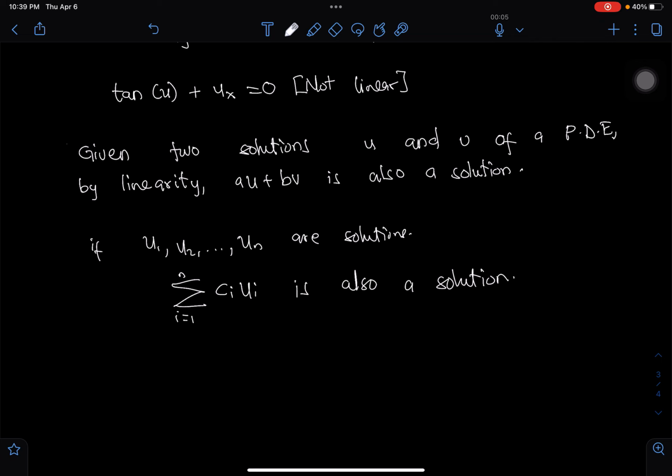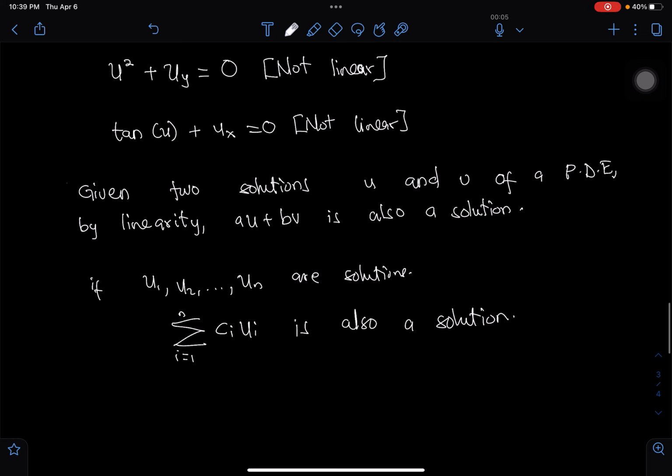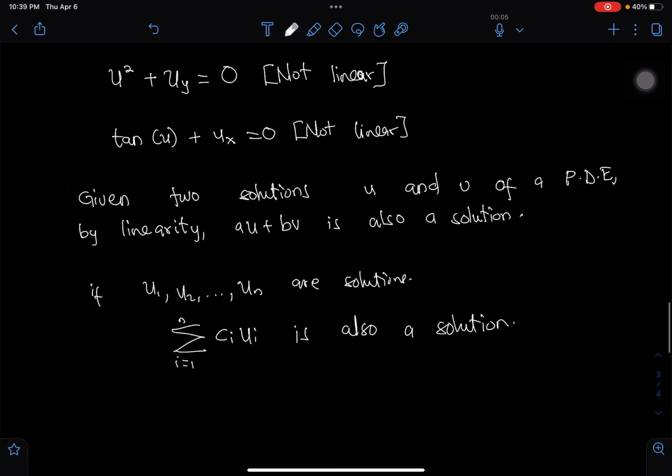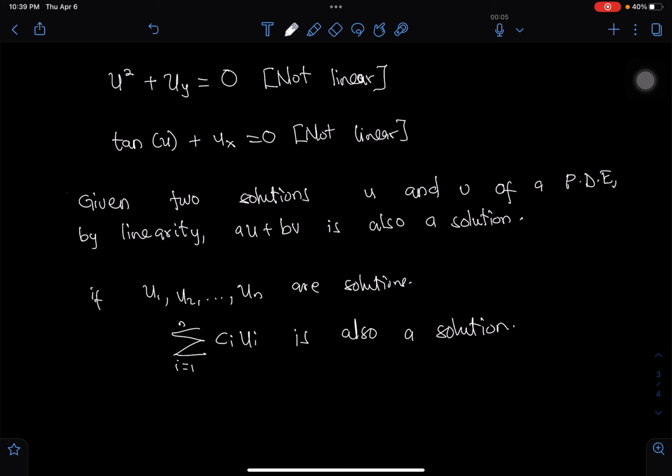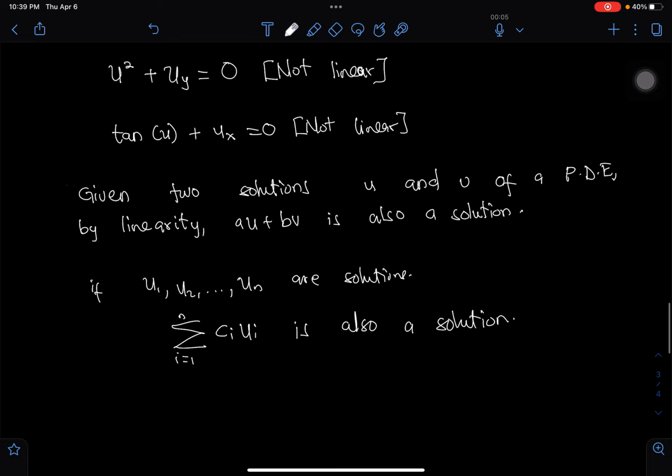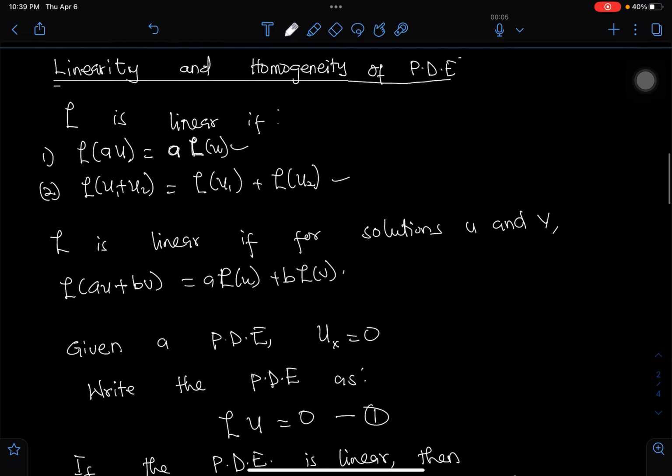You are always told that by the law of superposition, if this is a solution and that is a solution, then a linear combination of the two is also a solution. It all comes from the linearity property of the PDE, or of the operator, sorry. Okay, so I'm not going to do homogeneity in depth in this video.